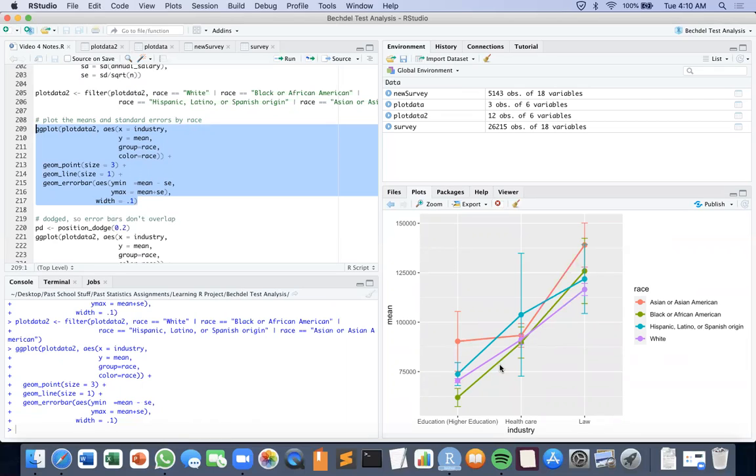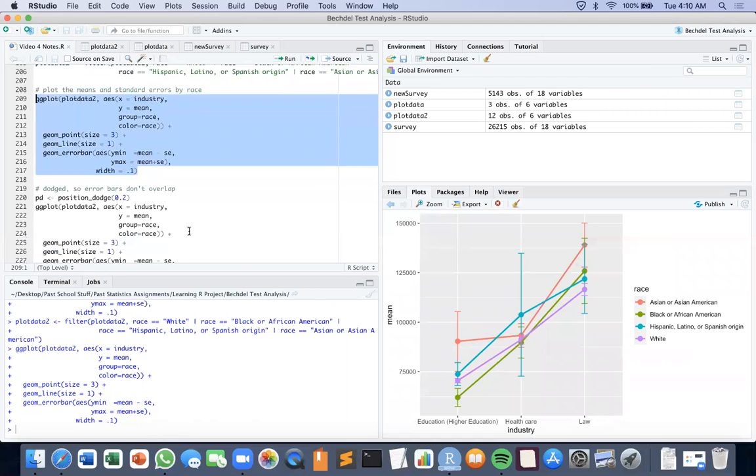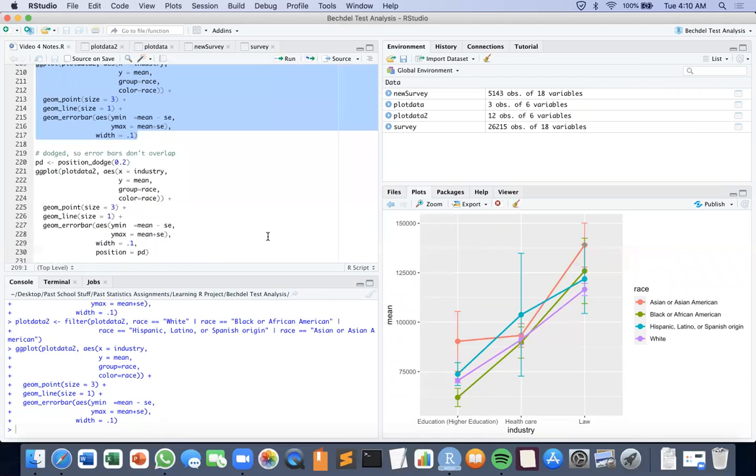But one thing that's a little annoying about this graph is that the error bars overlap. So we end up with this mess of error bars. This graph would obviously be neater if we just had a line plot for each of them, but part of what makes it interesting is this error plot. So one thing we can do is make it so they don't overlap with this, it's called dodging.